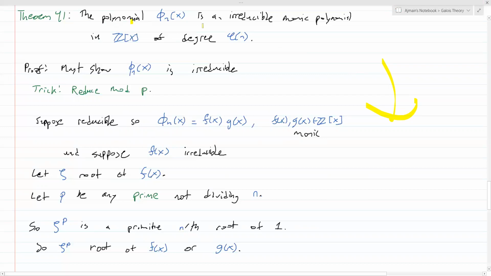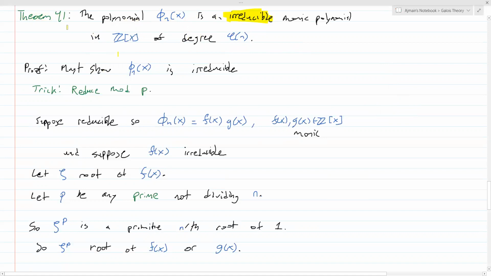The corollary of this theorem is that the nth cyclotomic polynomial is irreducible, and that means the minimal polynomial of a primitive nth root of unity is actually this nth cyclotomic polynomial, because it's irreducible.